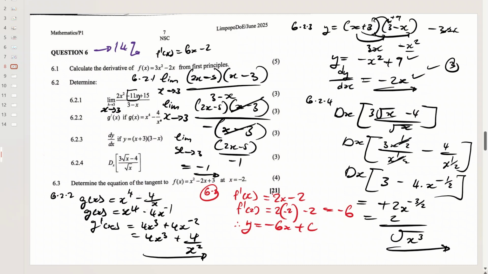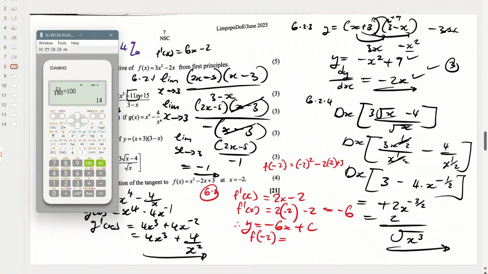So it means you're going to say, in my original function, remember x equals negative 2 is also a point. If x is equal to negative 2, what is y in the original function? So this is going to be f at negative 2: negative 2 squared, minus 2 times negative 2, plus 3. Let's see what that is.